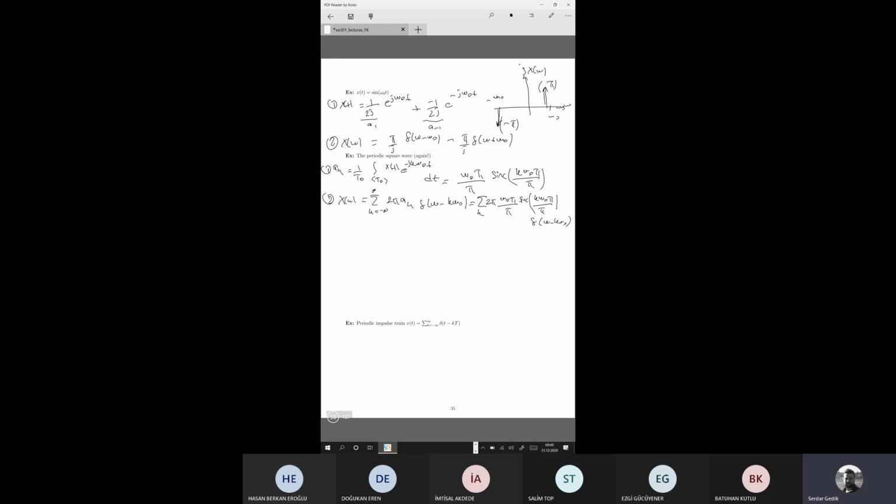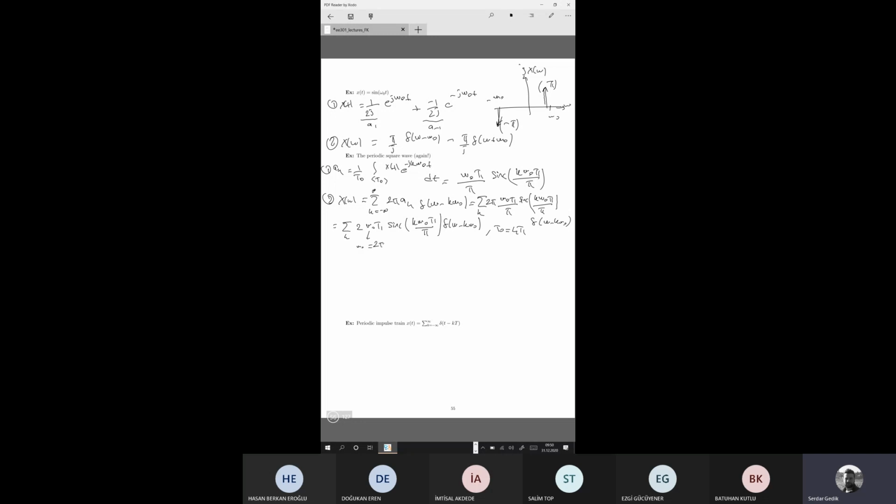So if I go and evaluate some terms, I have summation k 2 omega 0 t1 sinc k omega 0 t1 over pi impulse omega minus k omega 0. Well, assume t0 is 4t1, just to make some calculations easy.